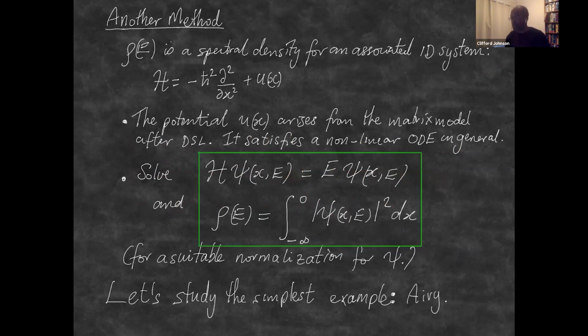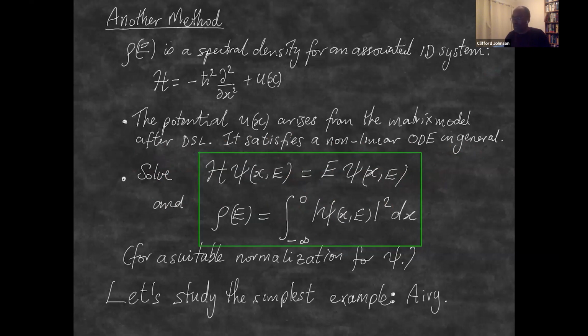So this goes back to some very old technology. It turns out that rho that we've been talking about is a spectral density in an associated one-dimensional system, and this has been known for a large class of matrix models, double-scale matrix models, from again the old days. There's an associated Hamiltonian problem.